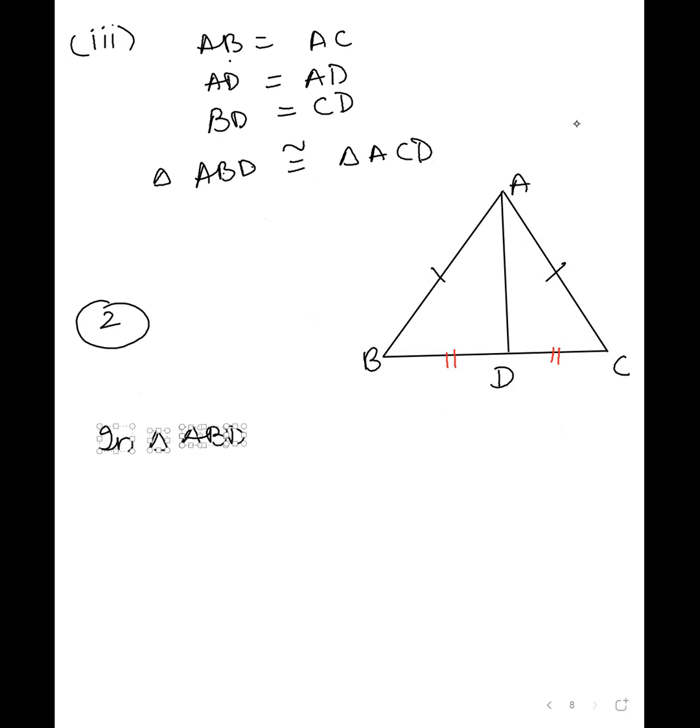In triangle ABD and triangle ACD, now what is equal to what? AB is equal to AC. Very good.